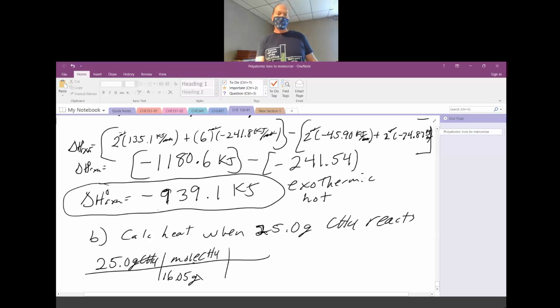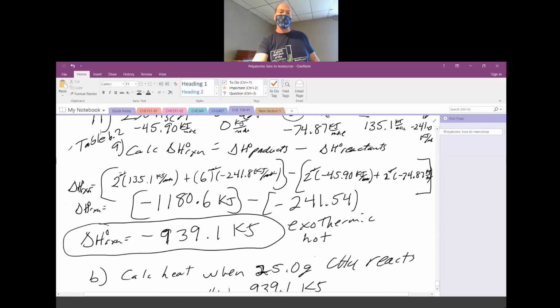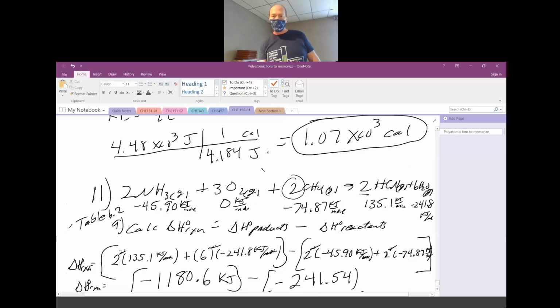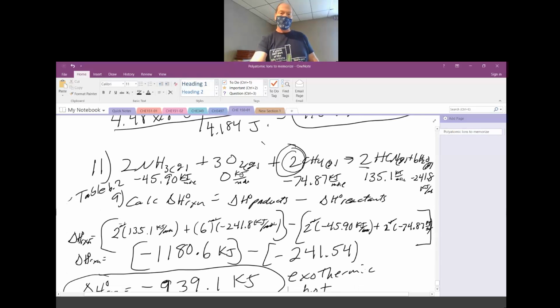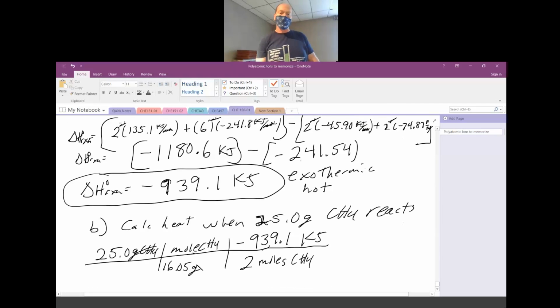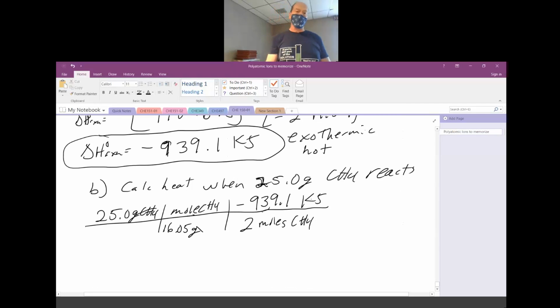We release 939.1 kilojoules in the balanced chemical reaction for 2 moles of CH4. Again, we go back up to the balanced chemical reaction, and that is the amount of energy released for 2 moles of CH4.